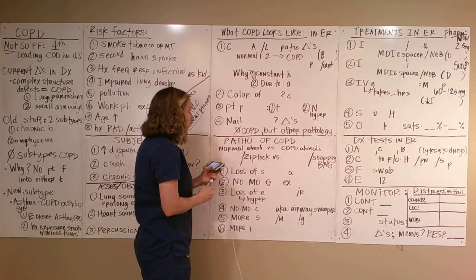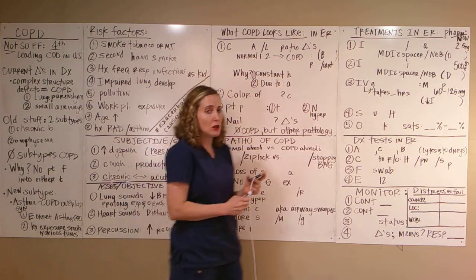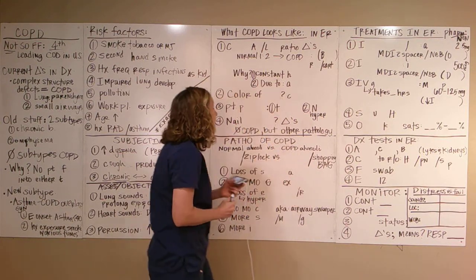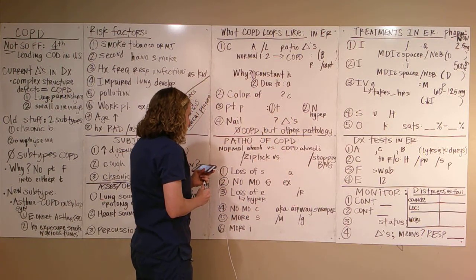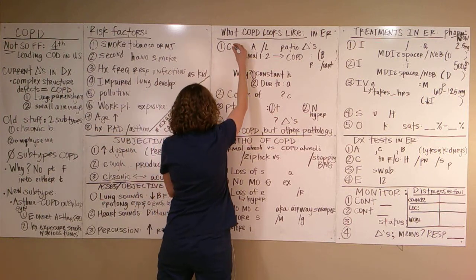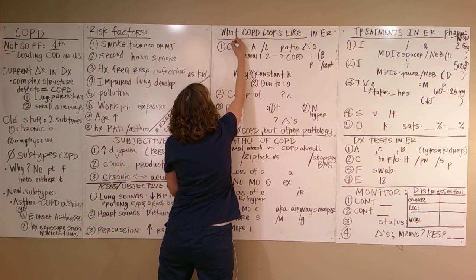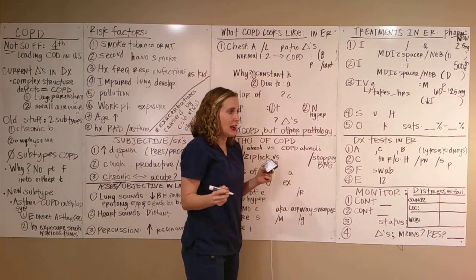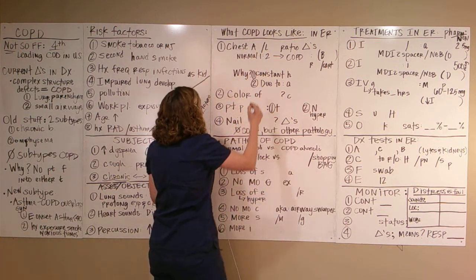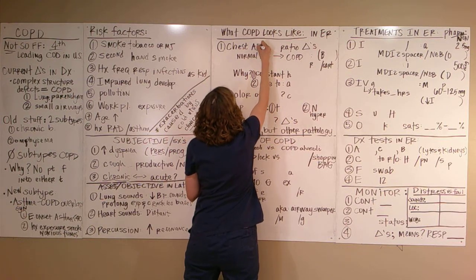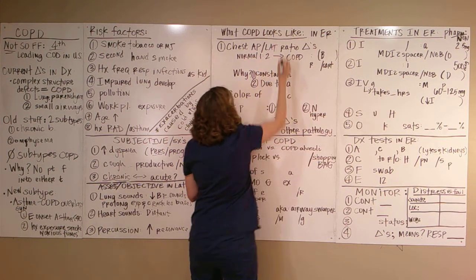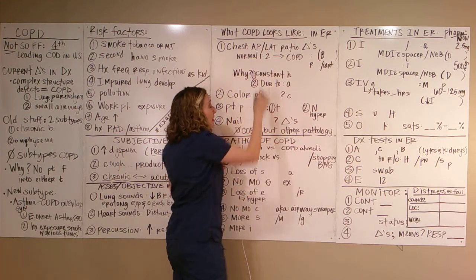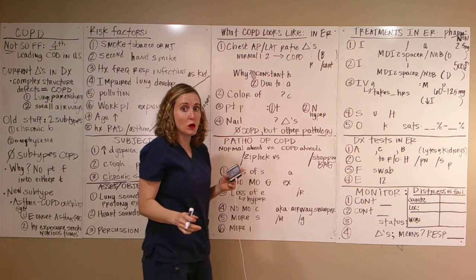So we talk about AP and lateral ratio, and that is what changes in their physiological structure, okay? So we've got some changes in the chest cavity itself. We're talking about the actual structural changes, and why they look the way they do. So we have an AP lateral ratio change. Our normal AP lateral ratio in our chest should be 1 to 2.